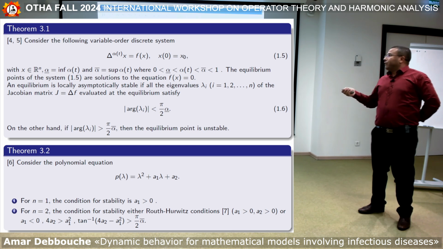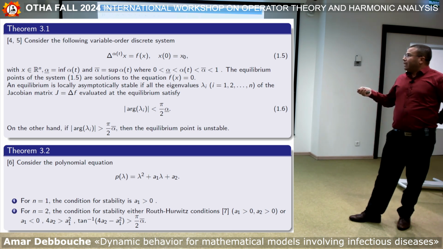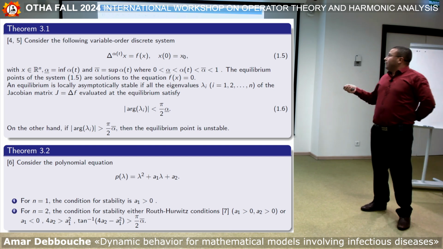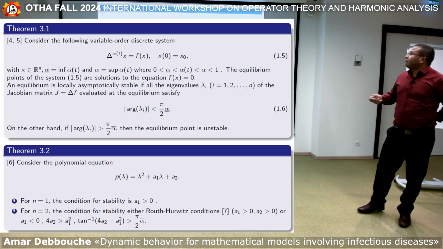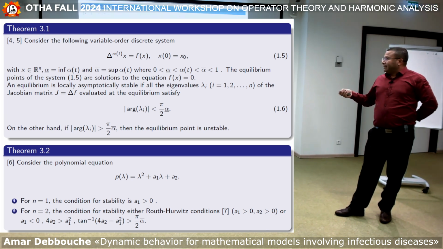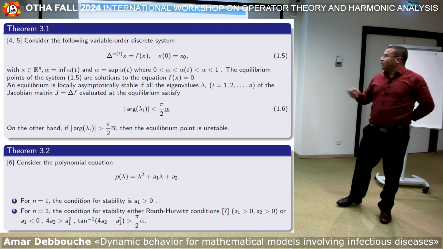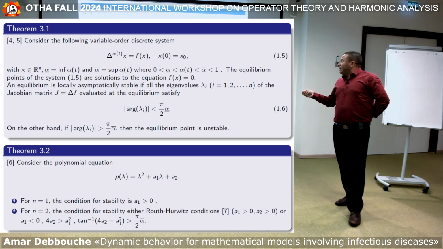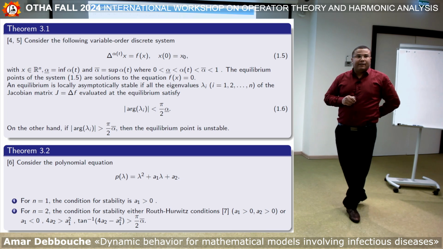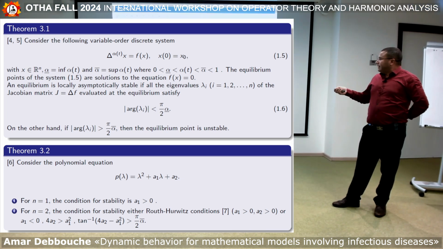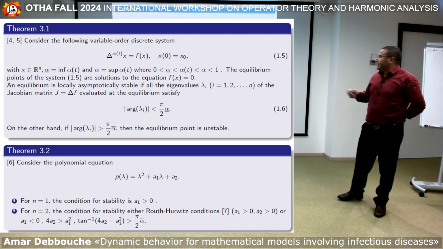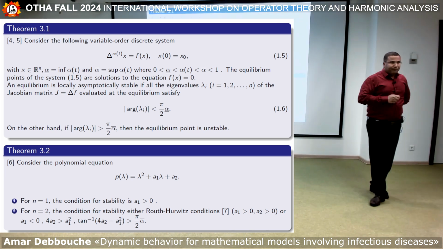And an equilibrium point is locally asymptotically stable if all eigenvalues lambda i of the Jacobian matrix, evaluated at it, satisfy the following estimation. Otherwise, if we have the opposite condition, then the equilibrium point is unstable.